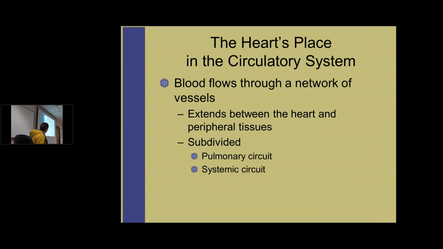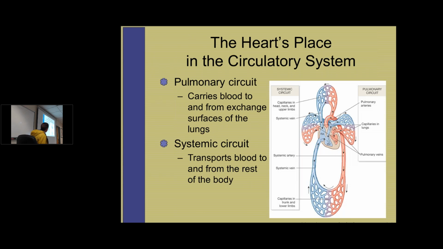There's the pulmonary circuit and the systemic circuit, and it can get a little bit tricky in just identifying what is an artery or vein, especially in the pulmonary system because it switches, right? And this is a picture that can kind of explain that with the pulmonary circuit. So real quick, let's just draw, because I think that sometimes that picture can be a little bit messy.